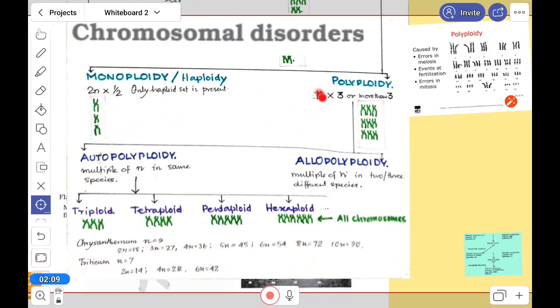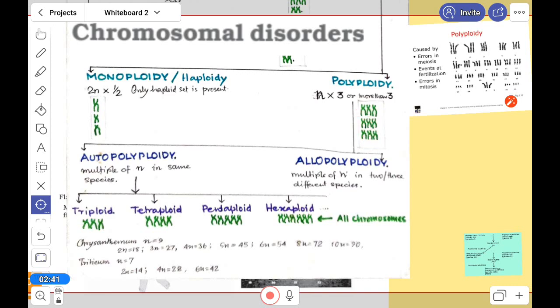Polyploidy is when this haploid set is multiplied by any number, such as 3. Autopolyploidy is a multiple of n in the same species, that is diploid, tetraploid, pentaploid, hexaploid. This is called polyploidy. It means that every set is multiplied.